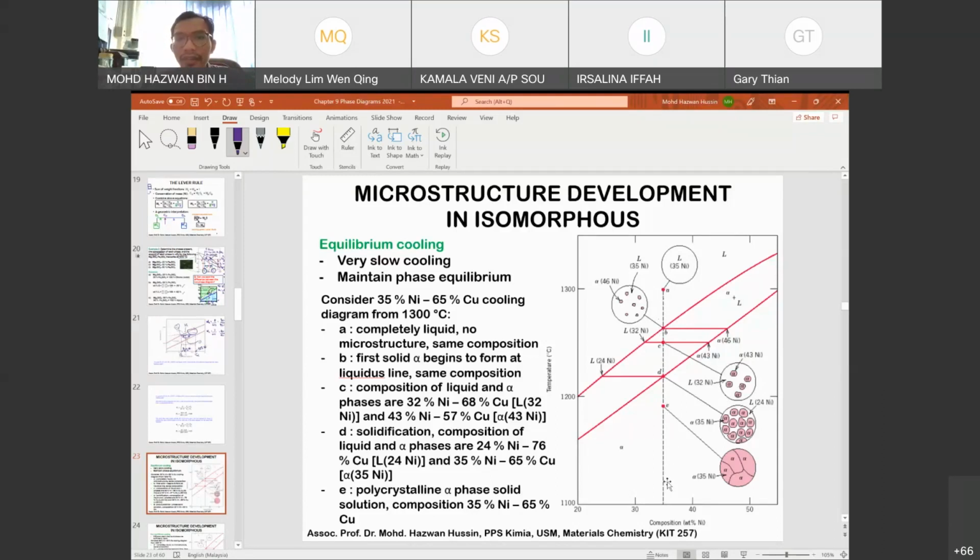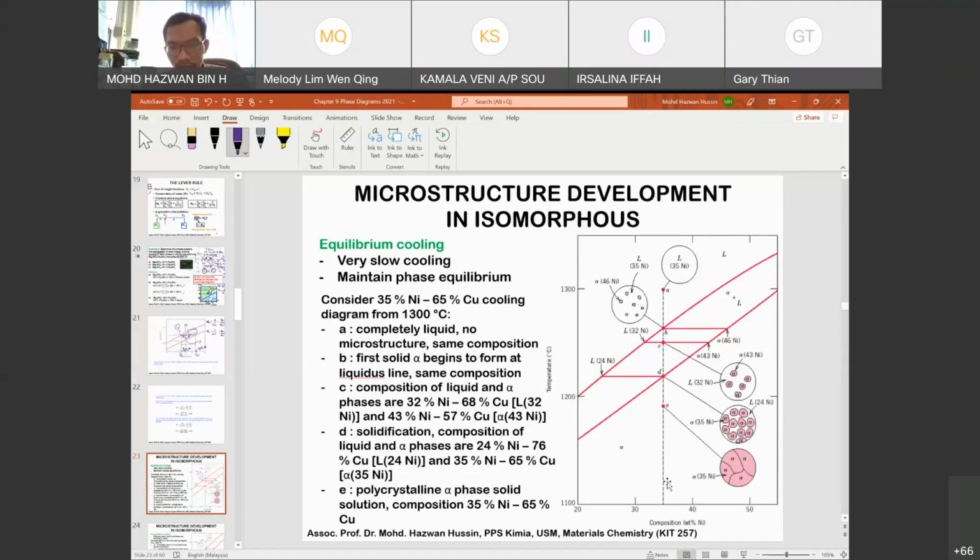Microstructure is actually the morphology, the structure of the element at different phases. In an isomorphous system, the cooling process to solidify the molten liquid could be done either by equilibrium cooling or non-equilibrium cooling.